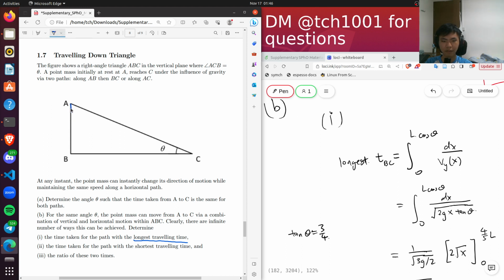So after, let's say, an infinitesimally small distance of going vertically, you want to change so that you go horizontally. Then you're going to hit this hypotenuse AC, and the horizontal motion must stay within ABC, so you cannot leave the triangle. After you hit the hypotenuse, you drop down further and gain a bit of speed, much to the point particle's unhappiness, because you want to take the longest time possible.